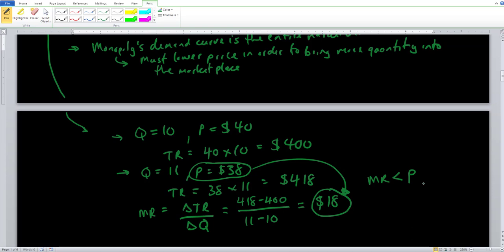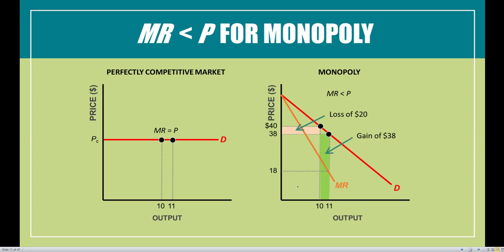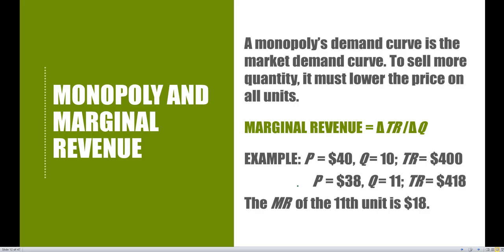So here, the monopolist is going to exercise as much market power as it can. It has the most market power, so it wants to raise the price as high as it can. So that hits on point number 1 just a little bit more. And using these same exact specific numbers, we see it here on this slide. The monopoly's demand curve is the market demand curve, and to sell more quantity, it has to lower the price on all units, which leads its price to be higher than the marginal revenue.